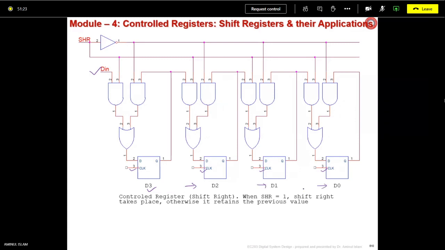Should I explain any more or is it understood? Have a look and tell me. The same diagram only I have used, only redrawn in a different way to show you that it is a shift right operation. Controlled register shift right: when SHR equals 1, shift right takes place. Otherwise, it retains the previous value. Is it going to have this kind of characteristic?